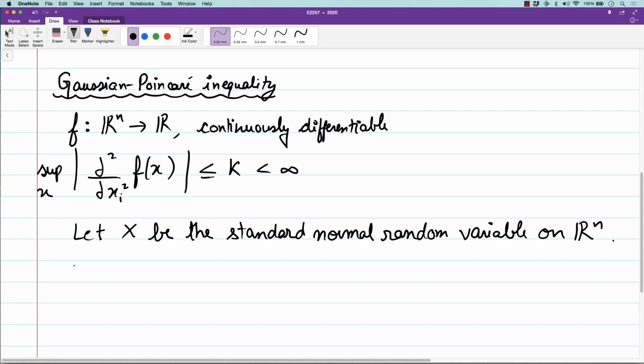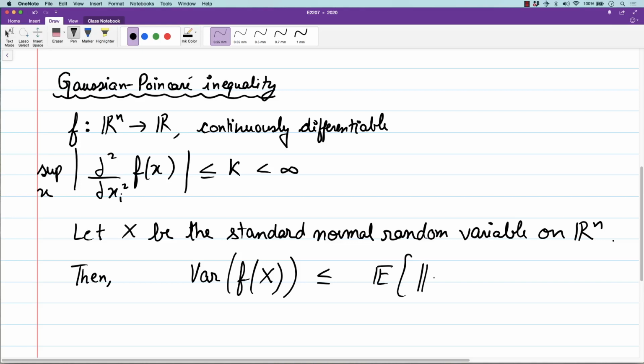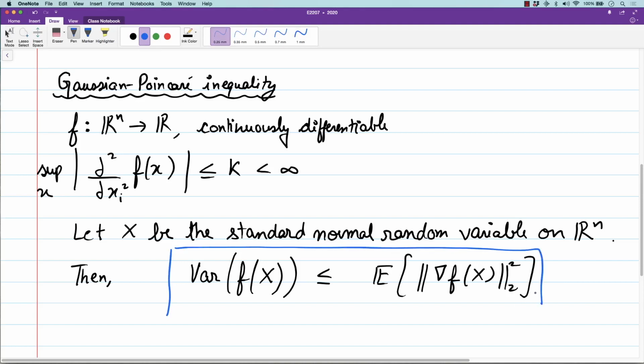Okay, so the inequality is then: if you look at the variance of f(x), that must be less than or equal to the expected value of the norm of the gradient of f(x), whole square. So pretty clean actually. Okay, this is the Gaussian Poincare inequality.